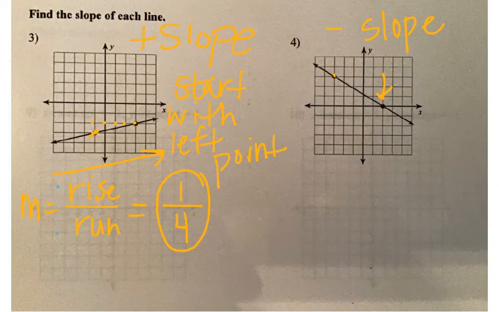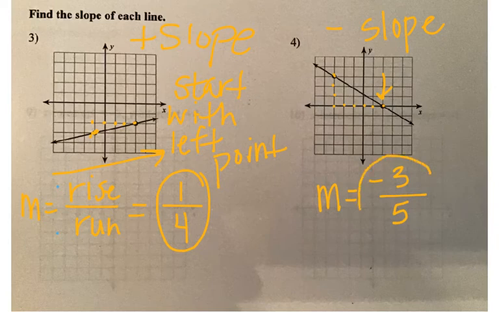So we're going to go down 1, 2, 3. So since we're going down, that is a negative 3. And then run, we're going over 1, 2, 3, 4, 5. So our bottom number is 5. So our slope for number 4 is negative 3 over 5.